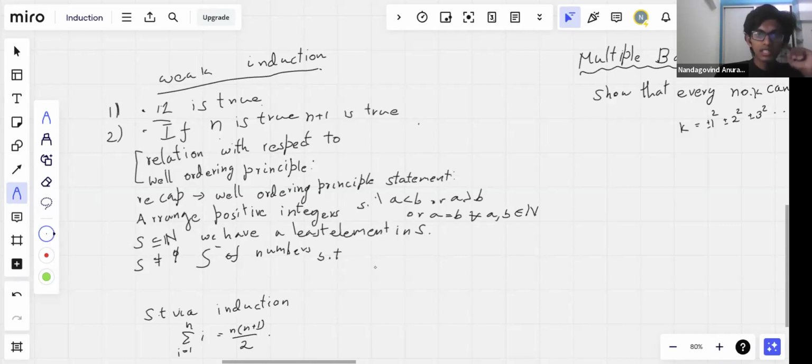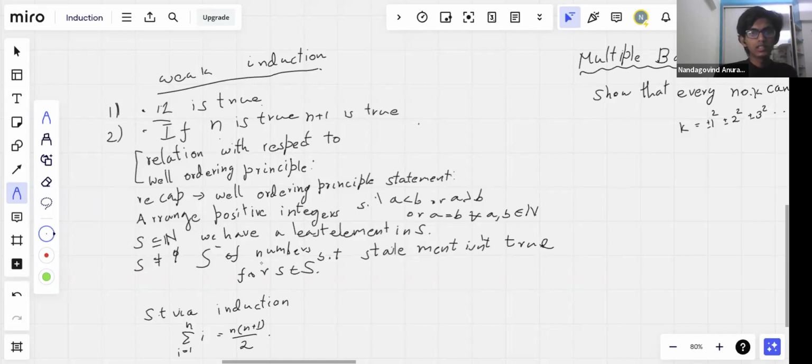We have a set S of numbers for which the statement isn't true, for small s belonging to capital S. Okay.